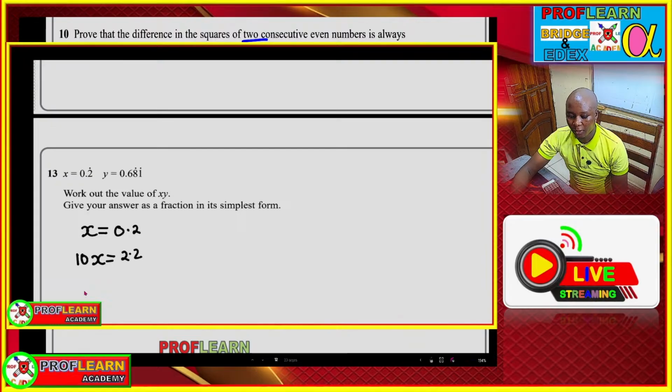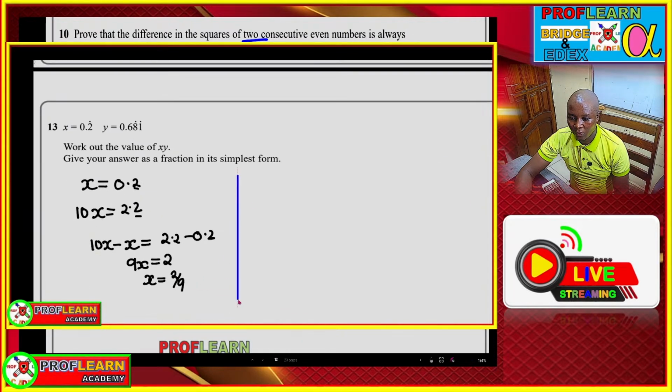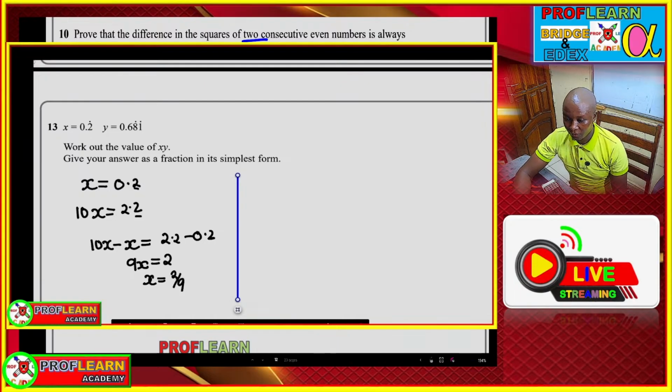You can see now, when you have x and 10x, if you subtract 0.2 and 2.2, you're going to have 0 at the end. So that's what we are targeting. So it will be 10x minus x, which is 9x, is equal to 2. Therefore, this is going to be 2 over 9 as the fraction for this.